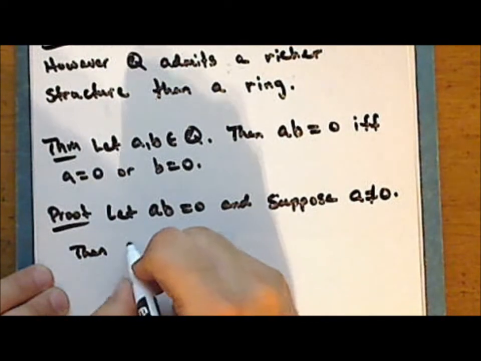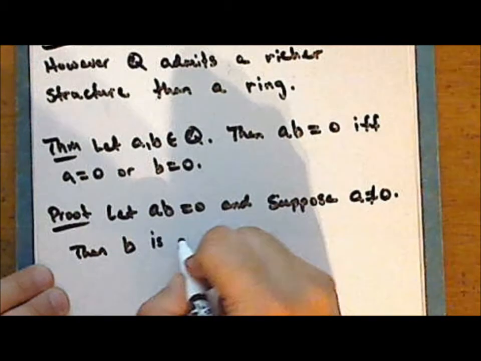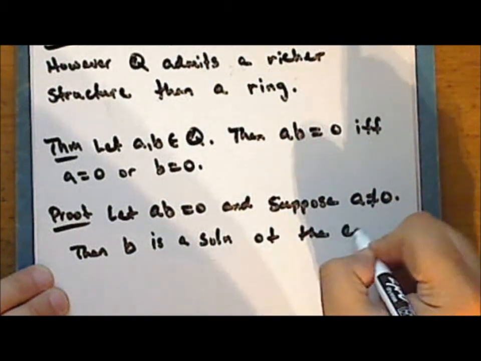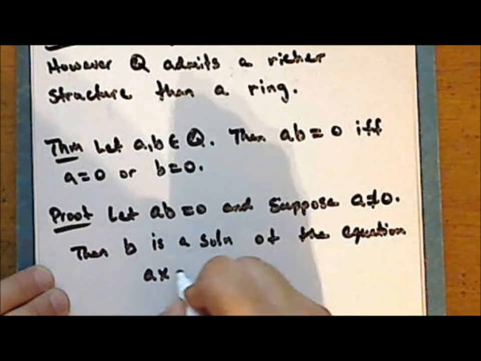Then the rational number b is a solution of the equation a times x equals 0.